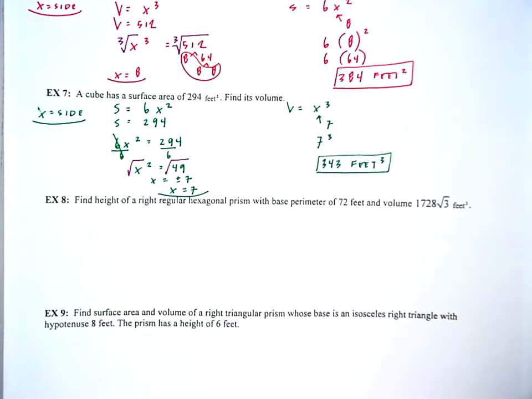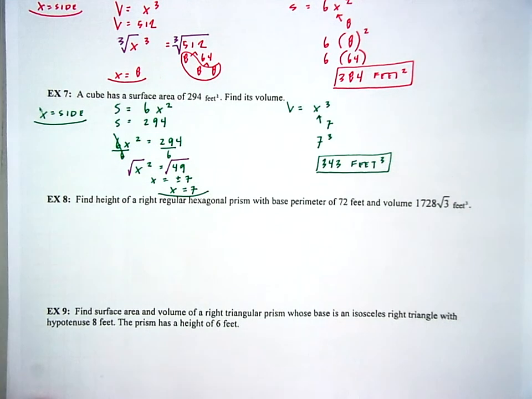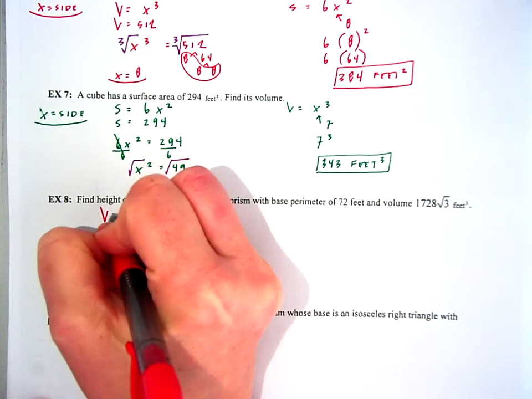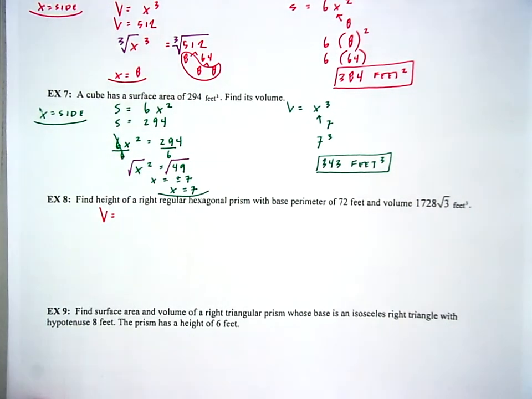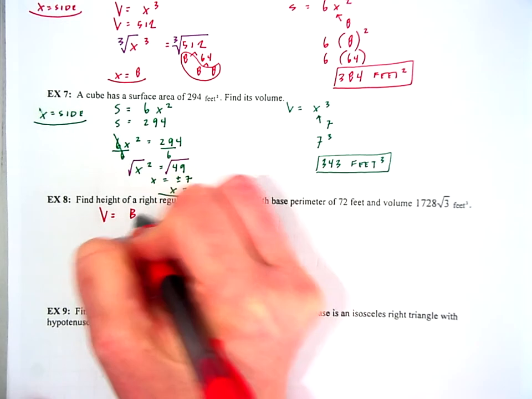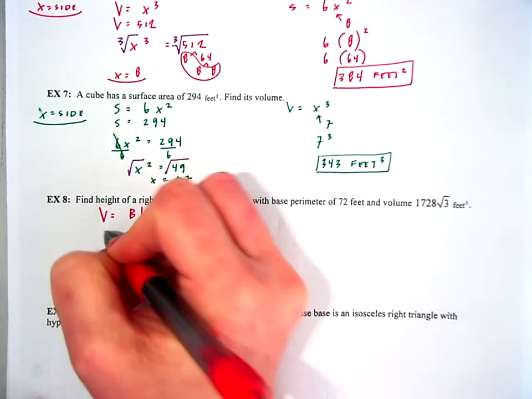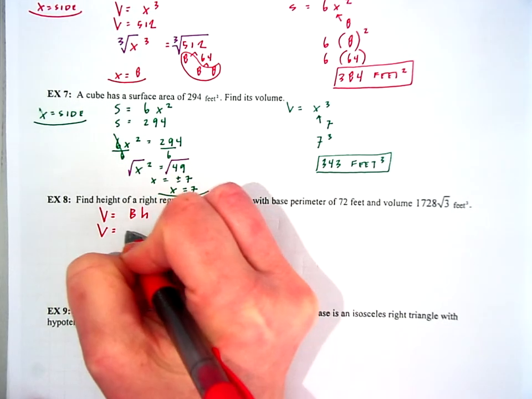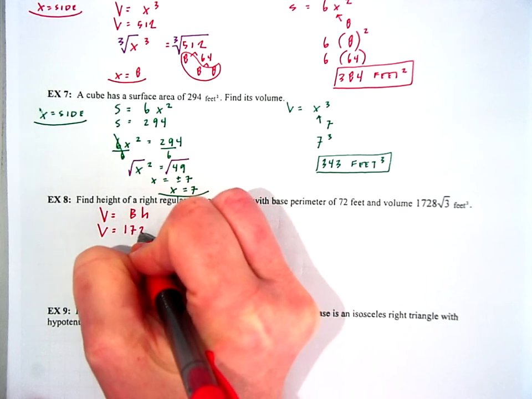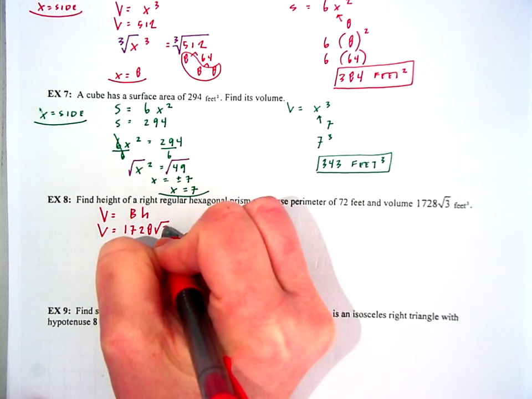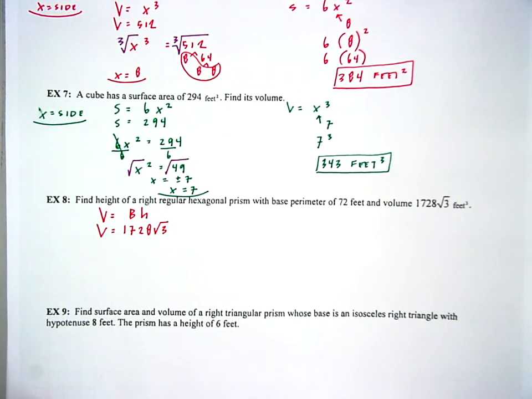Okay, so let's kind of take stock of what we know. We are given in the problem, we're given the volume. Volume is the base area times the height. And we're told that volume is 1,728 times the square root of 3 cubic feet.